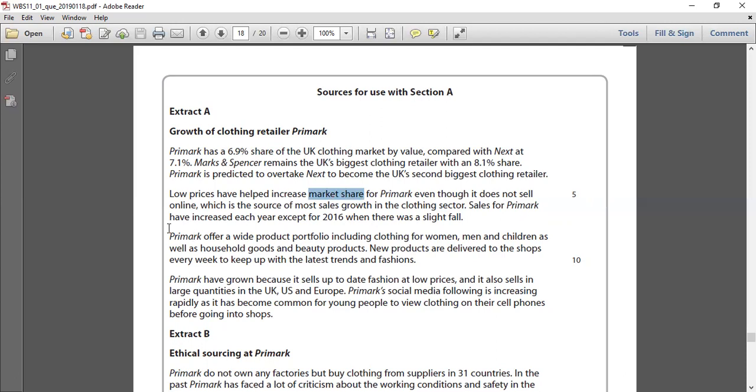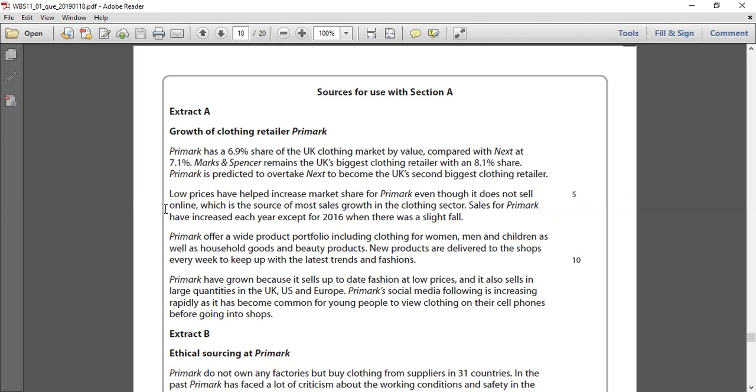Primark uses a mass marketing strategy even though it does not sell online, so they don't have the online presence yet, which is a source of the most sales growth in the clothing sector. Online sales is really important, a trending thing, online retailing. This comes under distribution or promotion. You can use it for several things. Online retailing can be good, especially as they're talking about the B2C concept, business to customer. The pandemic situation right now actually boosts a lot of online sales.